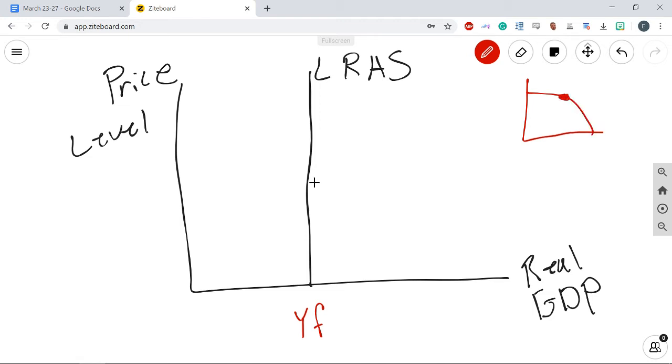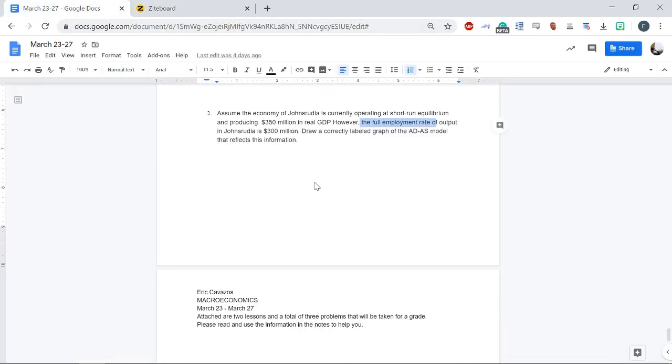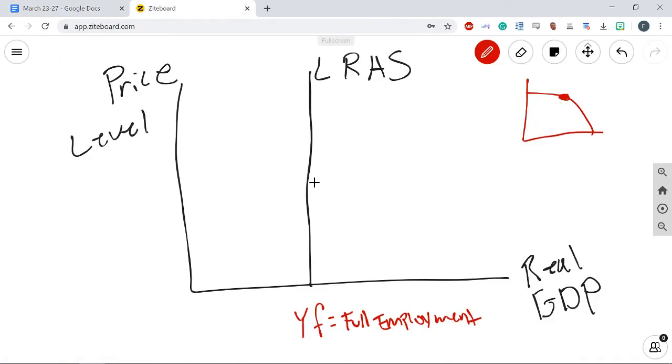So if we are fully utilizing our labor force, if everyone is working and we have full employment, meaning maybe 2 to 4% of the natural rate, our output is going to be $300 million.